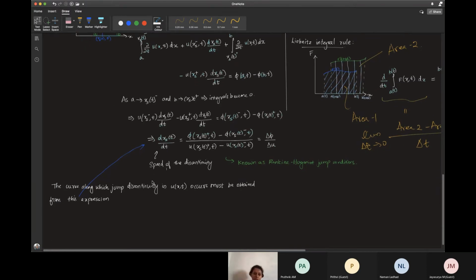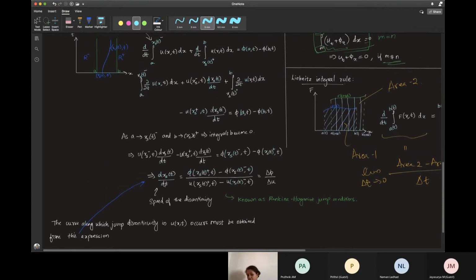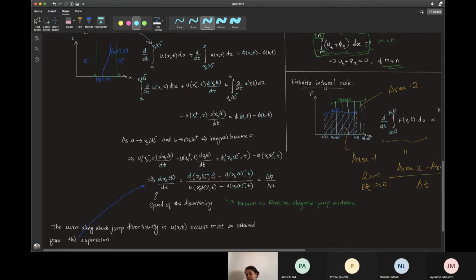So now we have identified the curve along which the jump discontinuity occurs. That is, we have found the slope of this curve at each and every point. If we integrate this, we'll get an expression for xs of t, which is basically this curve. We'll be able to draw this curve now.